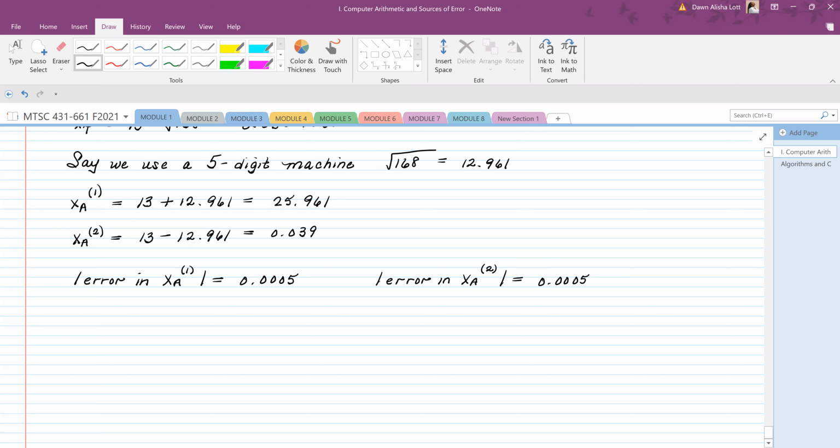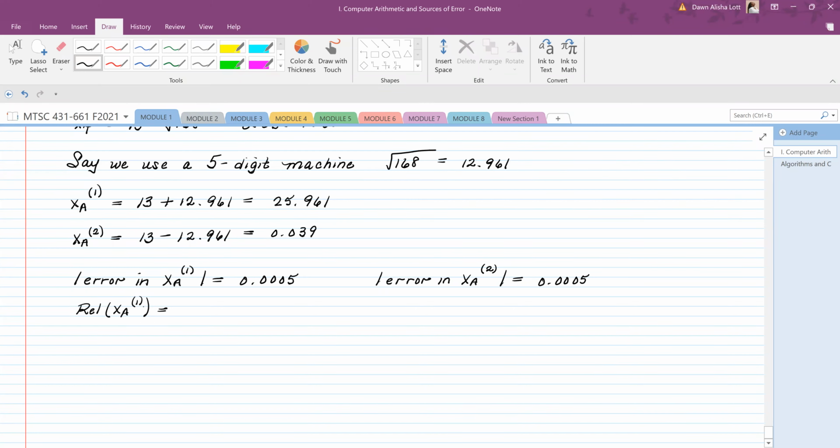Let's look at the relative error in the approximation of the first root. Again, we know relative error is if we take the true error and divide by the actual root.